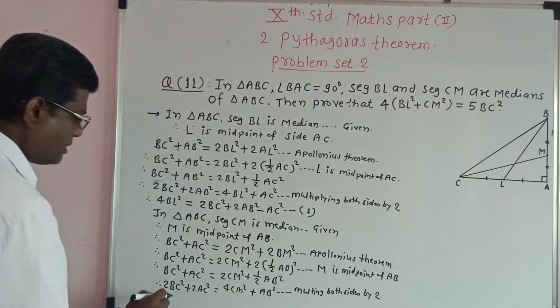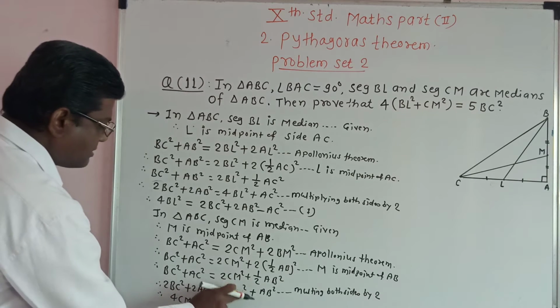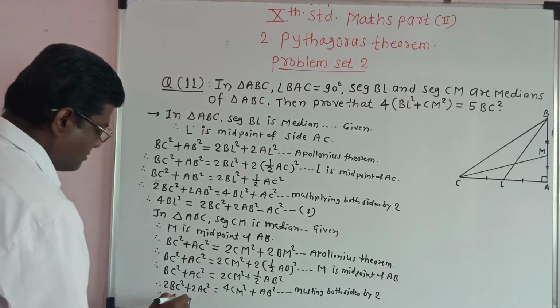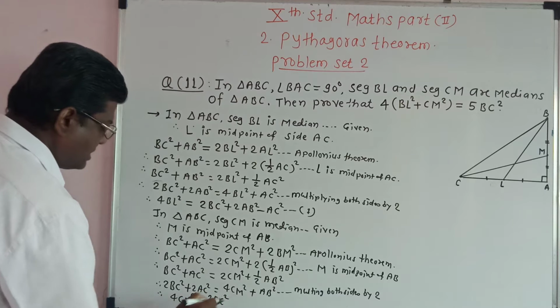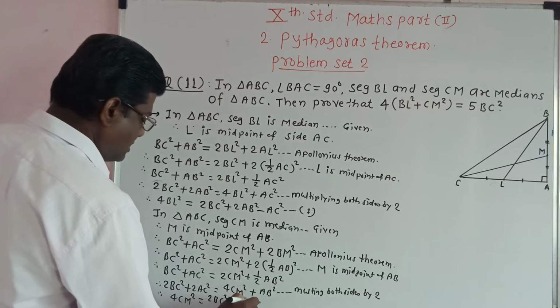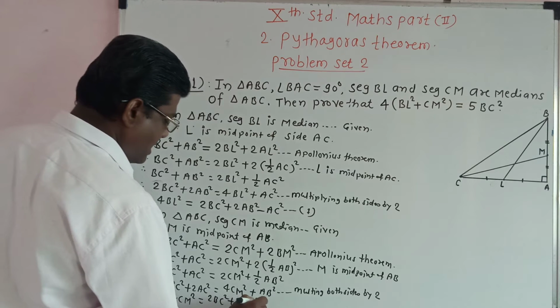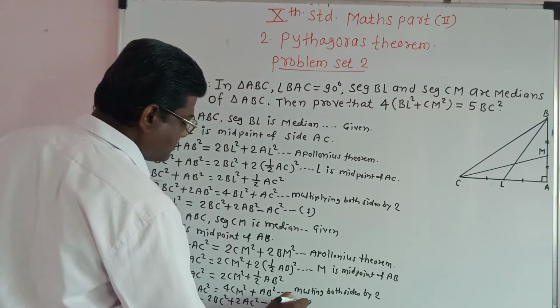Therefore, 4CM square is equal to 2 into BC square plus 2 into AC square minus AB square. This is equation number 2.